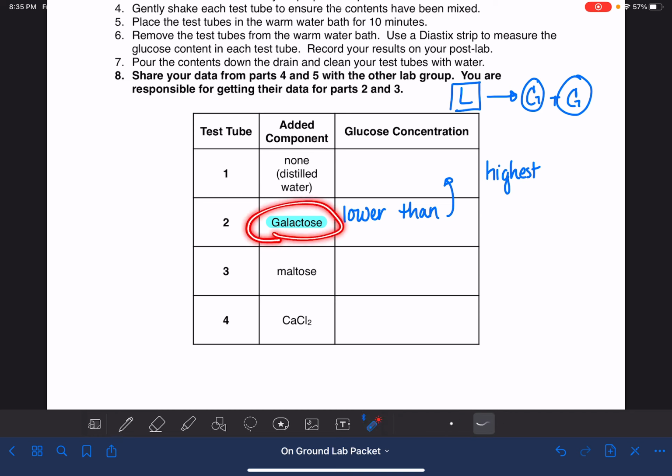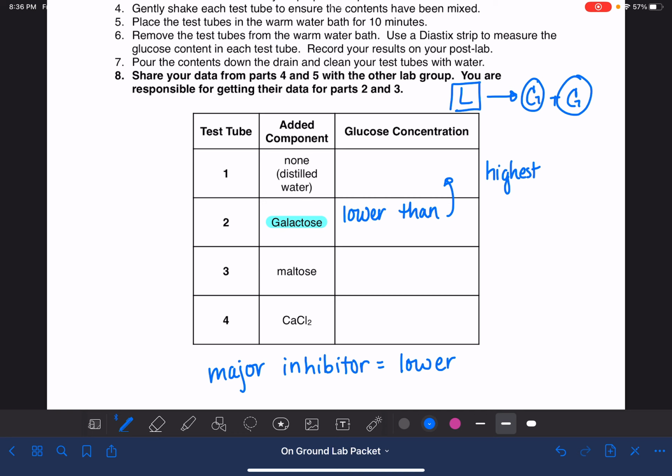If galactose is an inhibitor, that means it's going to slow this reaction down, which means it's going to decrease the amount of glucose that's being produced. And the more significant the inhibitor is, the greater of an effect this will have. So if this something is a major inhibitor, that means it's really wrecking the effectiveness of this reaction, and we're going to see a lower glucose concentration.